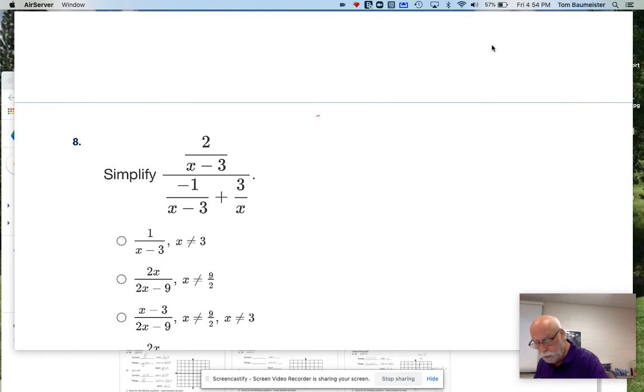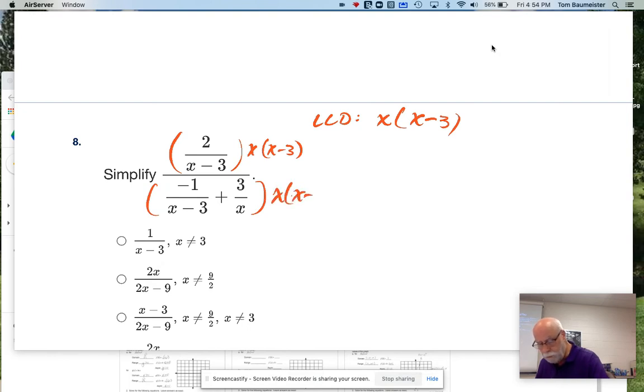So it looks like our lowest common denominator is going to be x times x minus 3. So remember, what you're doing here is you're multiplying this whole top by x times x minus 3. And you're multiplying all of this bottom by x times x minus 3.